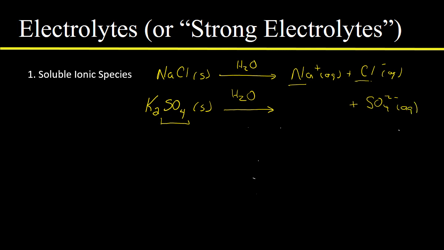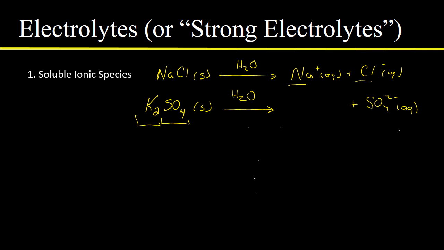Okay, and then this part here. Now this isn't going to form K2, right? Because K2 would indicate two potassiums tied together, and that's not what this is. Remember back to when we were doing nomenclature, right?